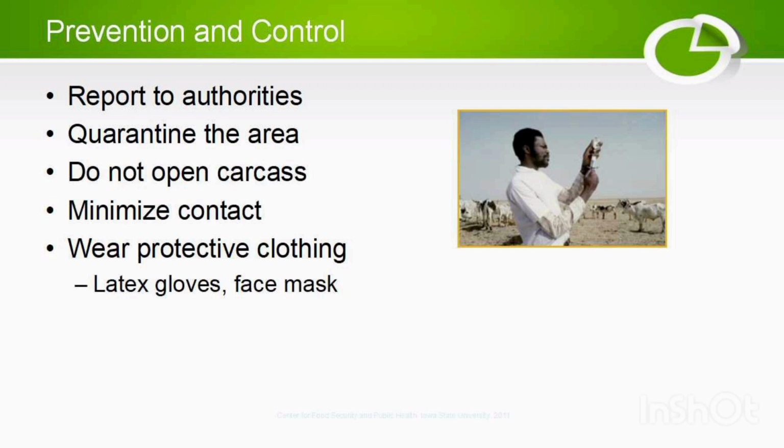Do not open the carcass to perform a necropsy due to the potential for contamination and exposure. Wear protective clothing, such as a face mask and gloves. If it is necessary to work with the dead animal, be sure to cover any areas of broken skin on yourself so that no infectious organisms come in contact with those areas.